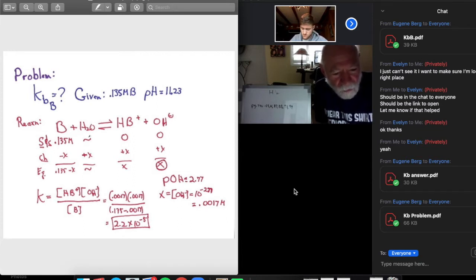So look at the bottom. I plugged into the equilibrium constant expression. Now notice you have to know X to solve for K. So if you can figure out the pH, if you figure out the hydroxide ion concentration, pOH, then you know X. So pH is 11.23.